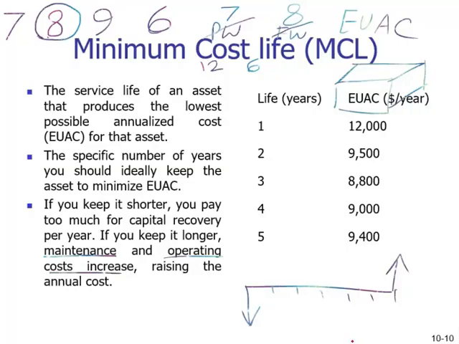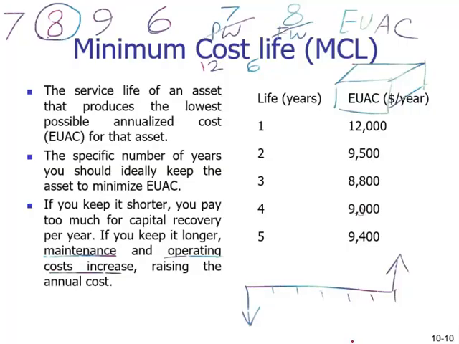If you keep it for 2 years, it would be 9,500. Why? Because now it has 2 years to recover that initial investment. For 3, 8,800. And for 4, it starts to go up. Why does it go up? Maintenance, operating costs.